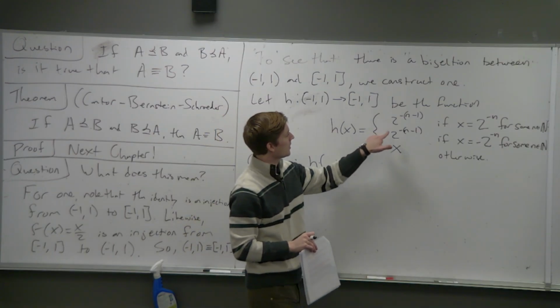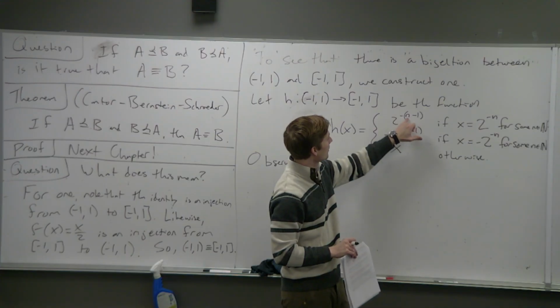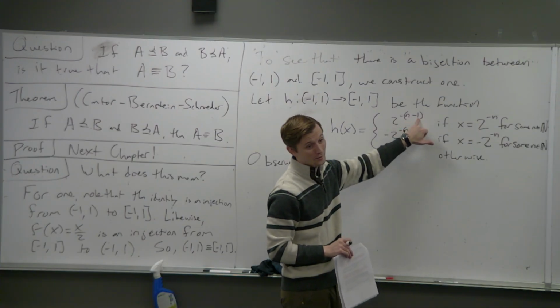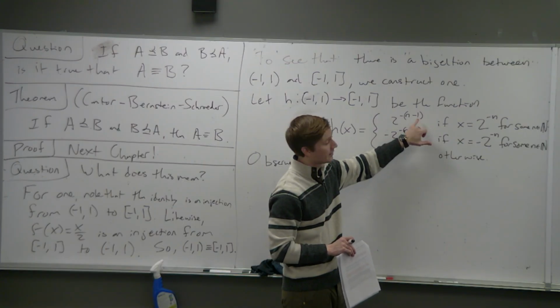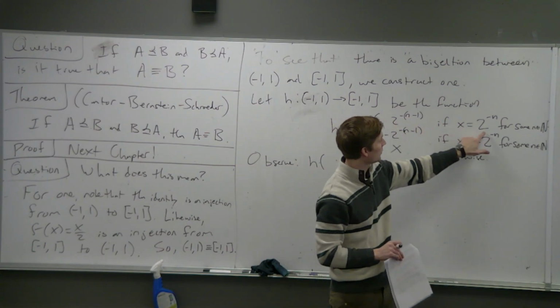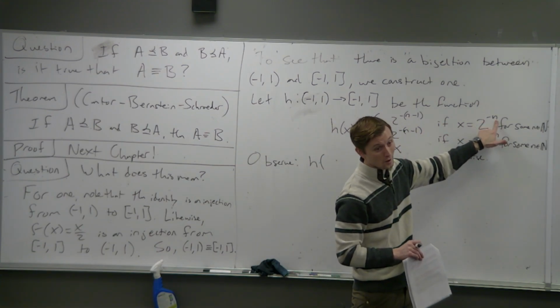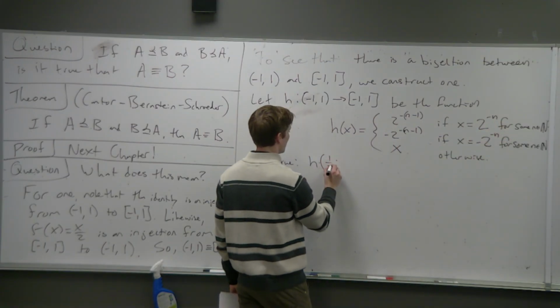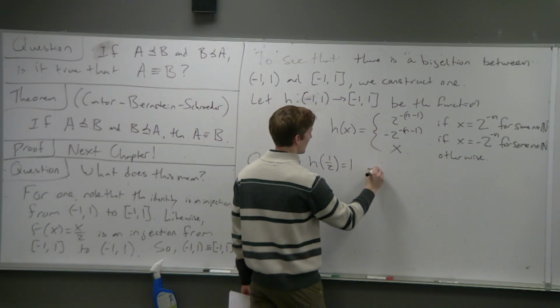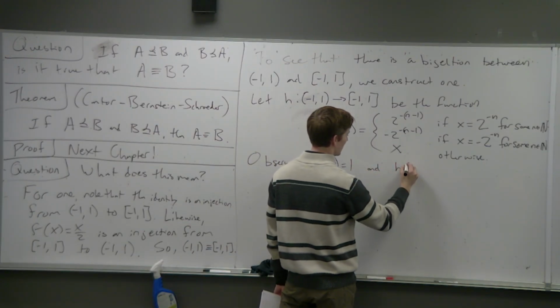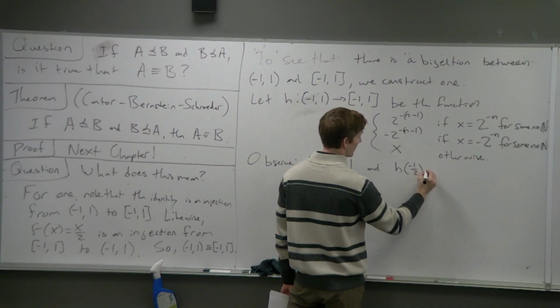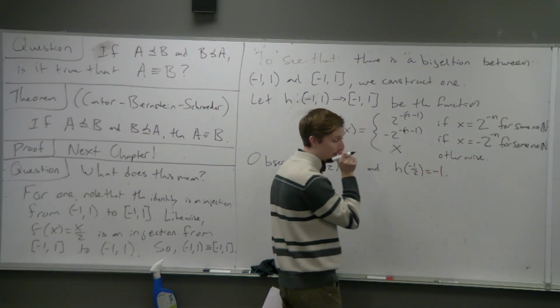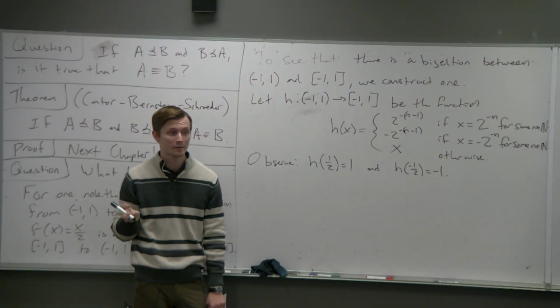So it would be 2 to the 1 minus 1, 2 to the 0. Yeah? 2 to the 0 is 1. And so that would be when n is 1. So that would be 2 to the minus 1, 1/2. Yeah? Okay, so we hit the endpoints.